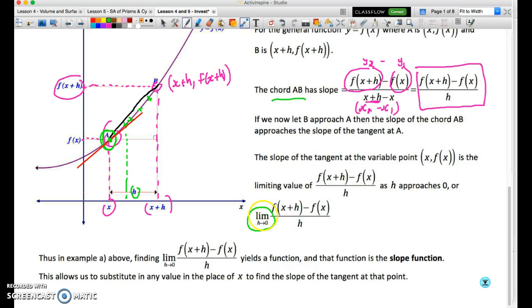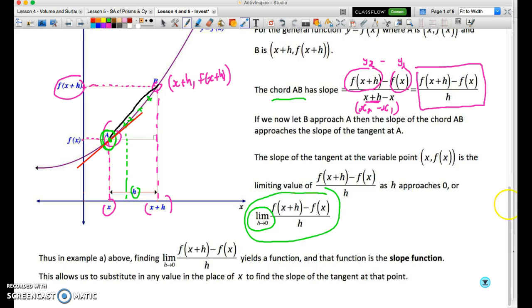In other words, the limit as h approaches 0 of the expression f of x plus h minus f of x over h, which is the slope formula for AB. As h approaches 0, in other words, as B gets infinitely close to A, this will yield the slope of the tangent line at point A.